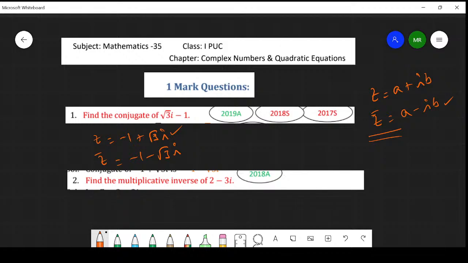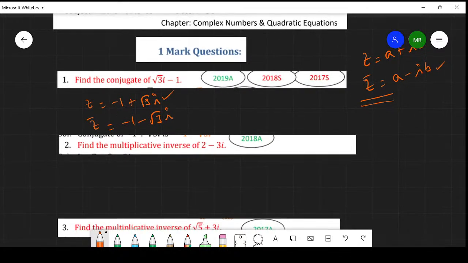Now see the next one. Find the multiplicative inverse of 2 minus 3i. Whenever they are discussing multiplicative inverse, observe that.